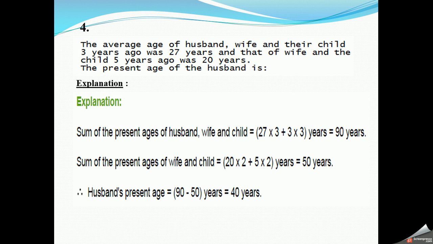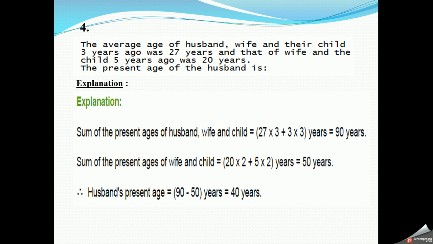The next condition is that of wife and child 5 years ago was 20 years. It means the overall age of wife and child 5 years ago equals 20 multiplied by 2. But we have to calculate the present age, so we add 5 multiplied by 2, because it is after 5 years and there are 2 members, wife and child.